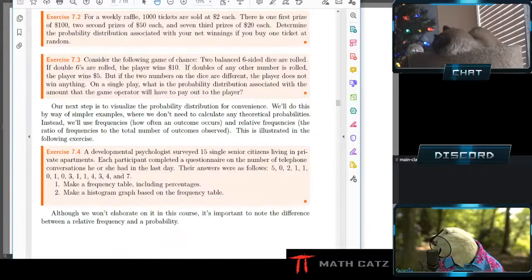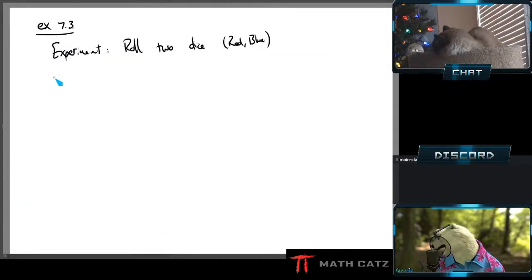Now, in this situation, what I'm actually interested in as an outcome is the money that the player is going to win. Can win $10, can win $5, or of course can win nothing. So the outcome is the, let's say, prize money.